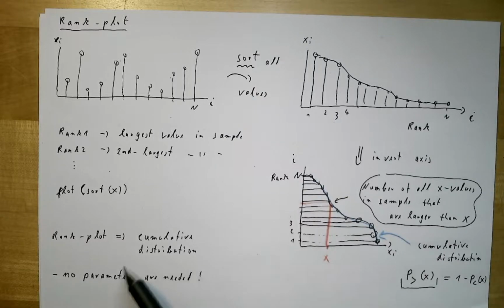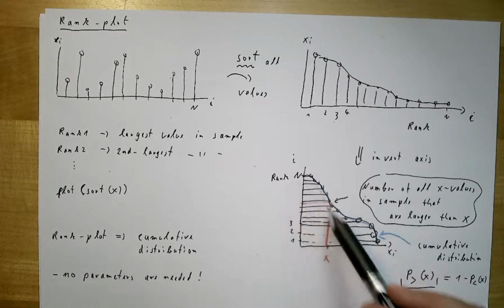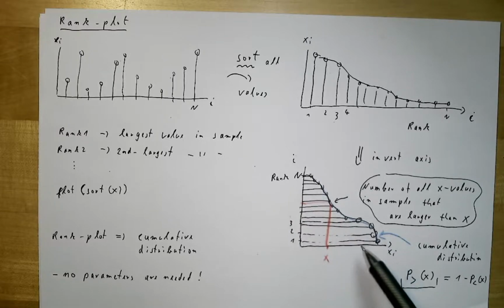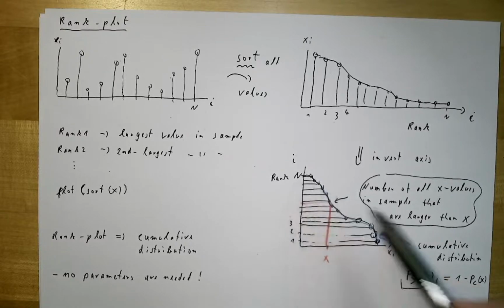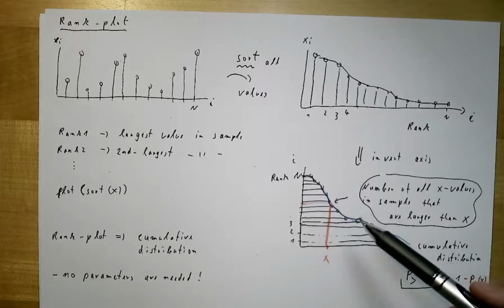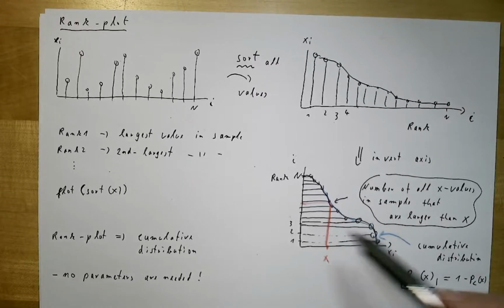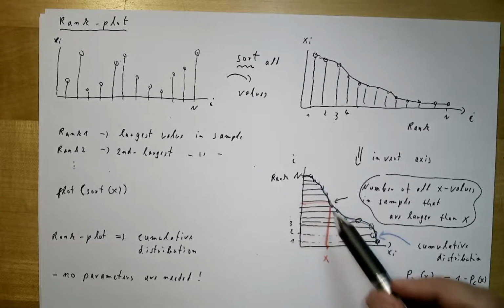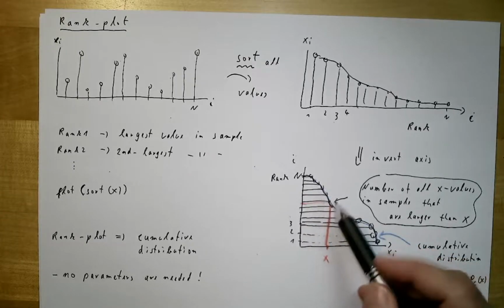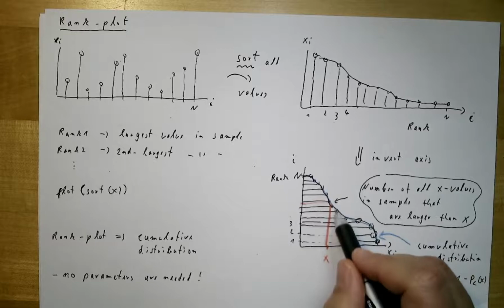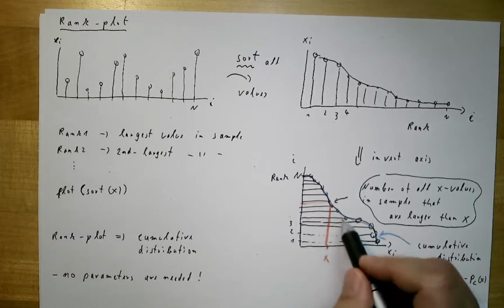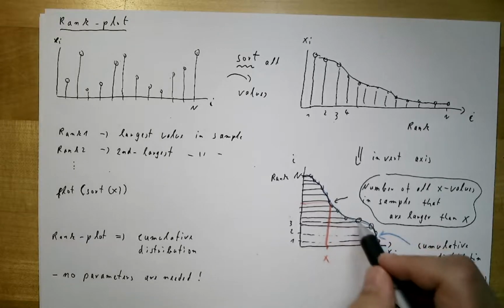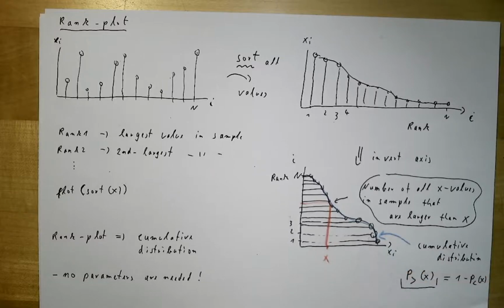So why don't we always use rank plots? Why do people do histograms? The problem is these cumulative distributions always look the same. If you want to have real insight in the data, you need the probability density. So we need to take a derivative of this function, and when you take the derivative, you have to again find certain intervals in which you numerically take your slopes, and then you have your parameters back.